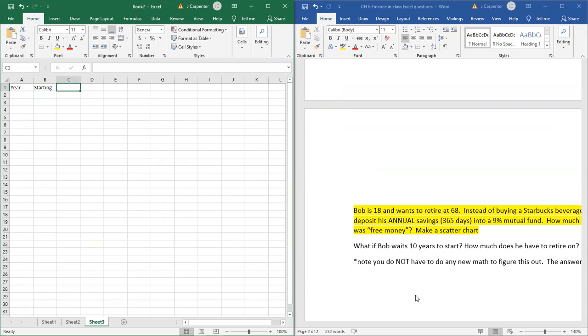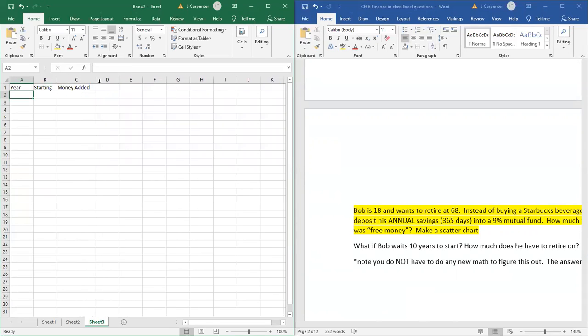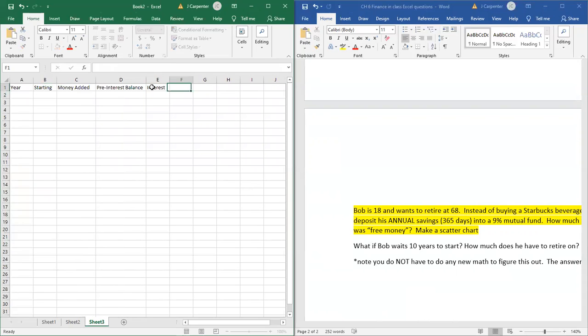We're adding to the pile. So I need a column for money added each year. Then I'm going to have a column for how much we have before we get interest. Then a column for how much we actually get for the interest, and then for the ending balance.